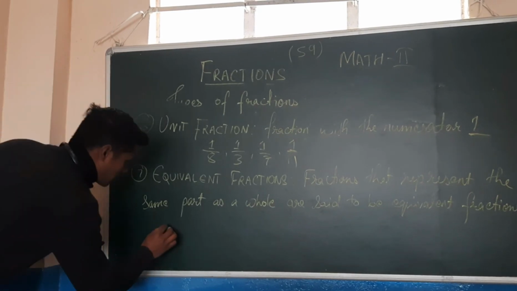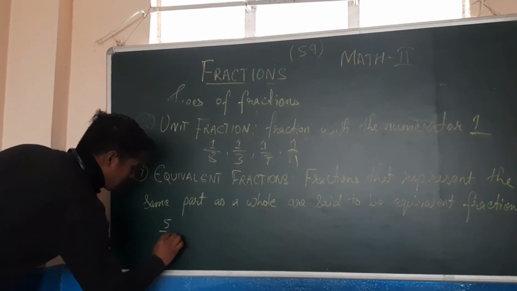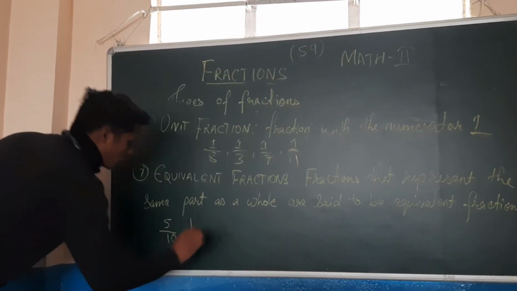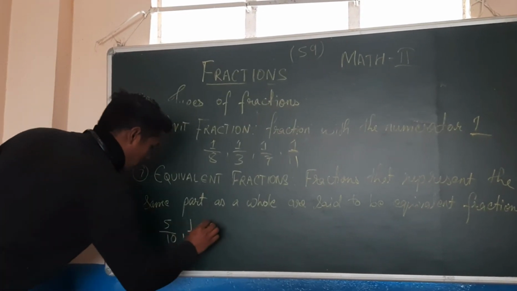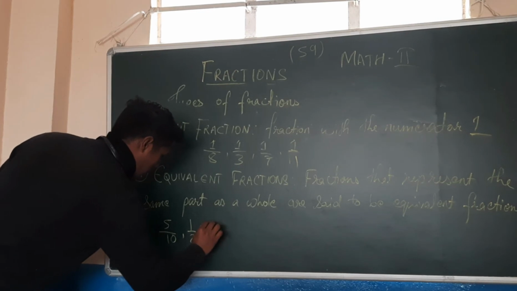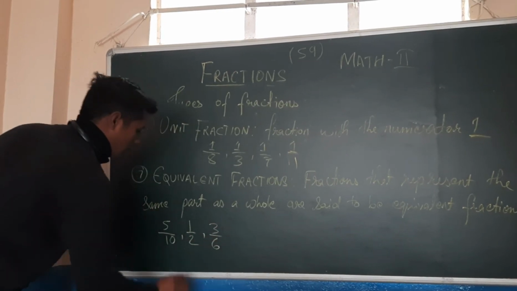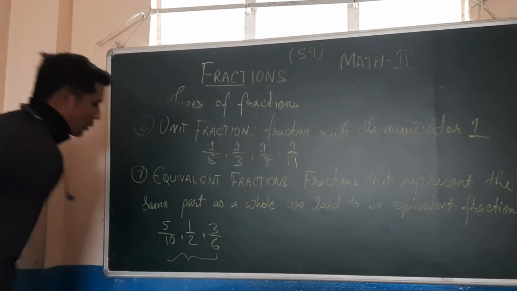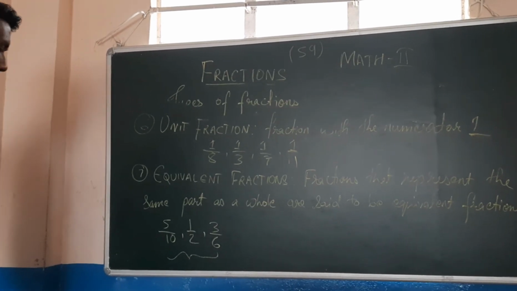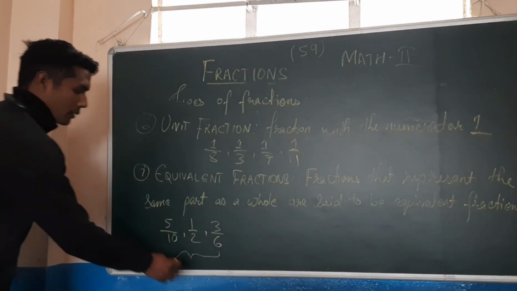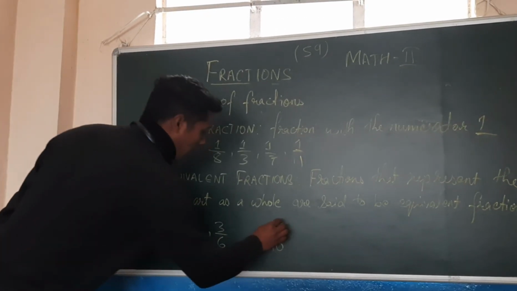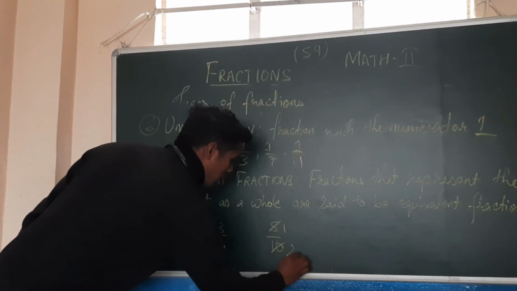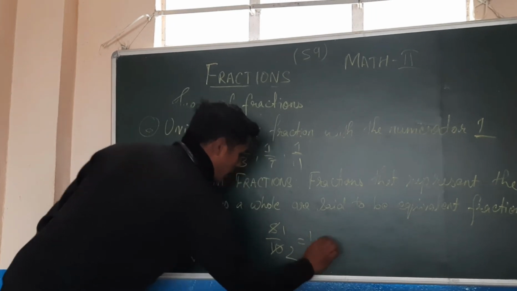For example, 5 by 10, 1 by 2, 3 by 6 are examples of equivalent fractions. Why? Because 5 by 10, if you divide with 5, 5 ones are 5, 5 twos are 10, ultimately the fraction is 1 by 2.